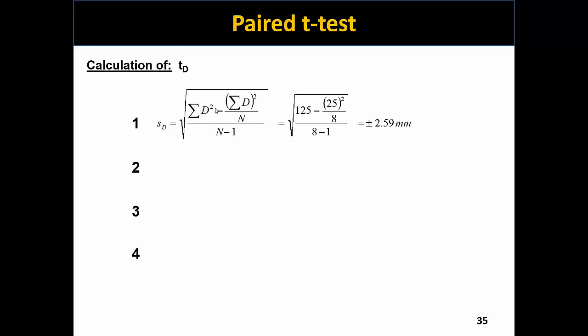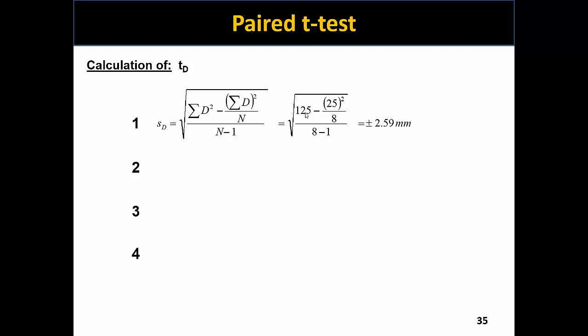We're going to add up all of the squared difference values. We're going to subtract that by the sum of the difference values. Once that sum is added up, then we square it, as opposed to squaring each value and then adding it up. We divide it by the sample size, and then we divide the whole quantity in the numerator by the degrees of freedom, and then we take the square root.